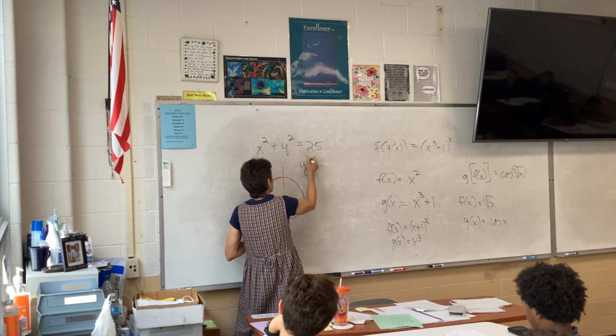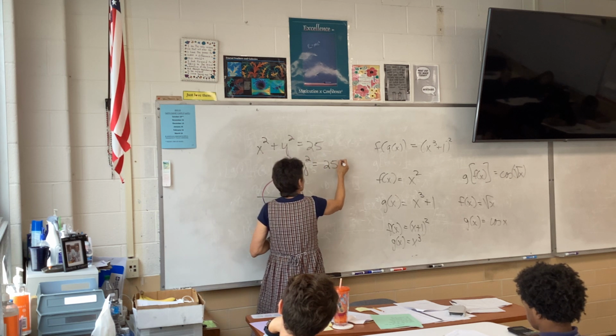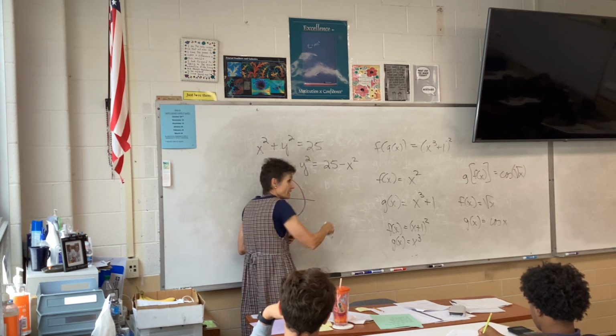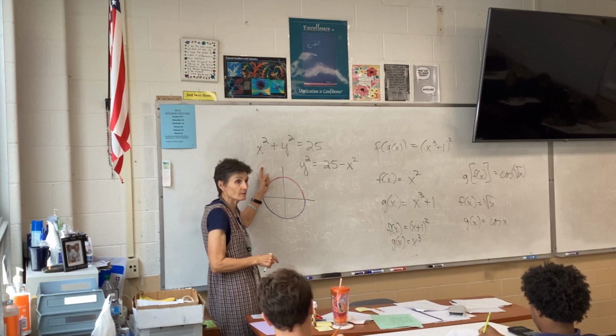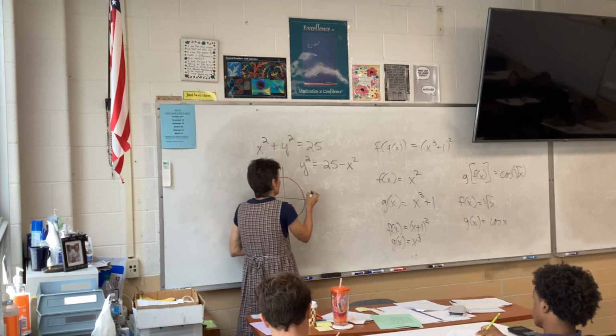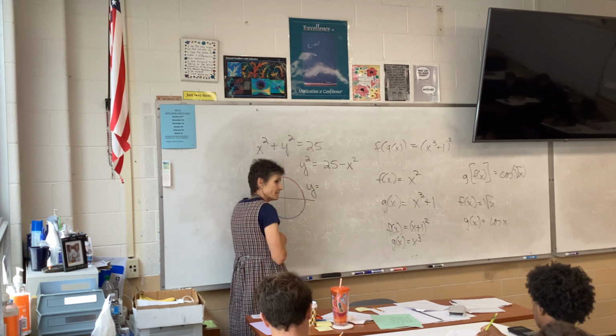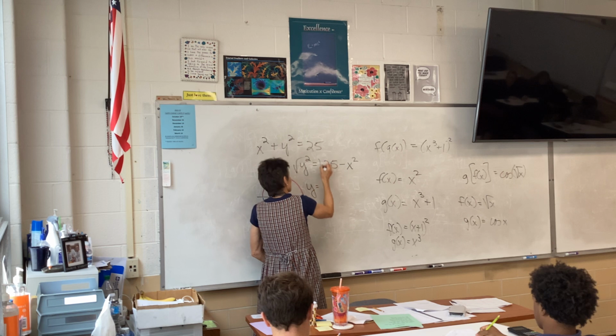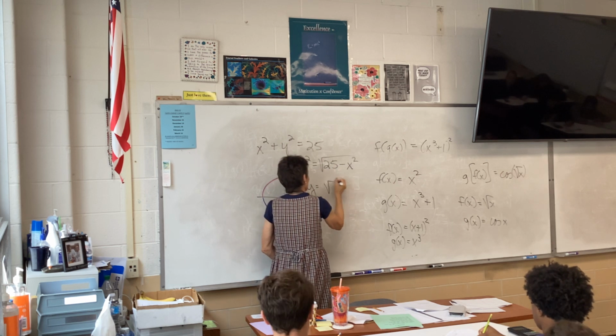Get y by itself. So we're going to subtract x squared. By the way, isn't that how we graph things on our calculator? Y equals? So we're getting y by itself so that we can put it in. And then what is y going to equal? Plus or minus. It's going to be plus or minus, so I'm going to write it separately.